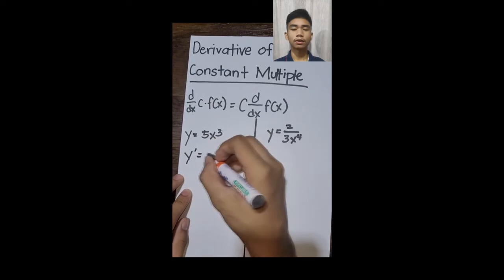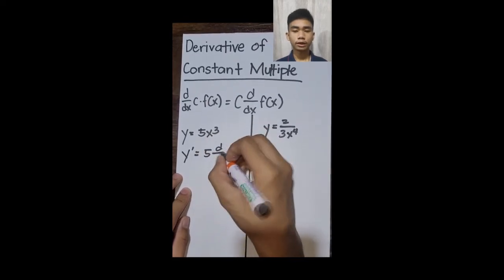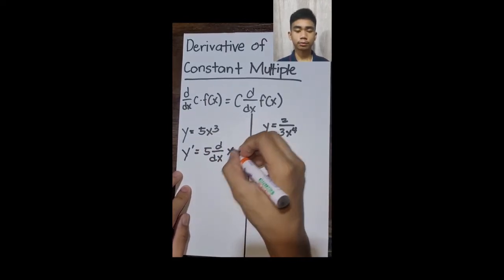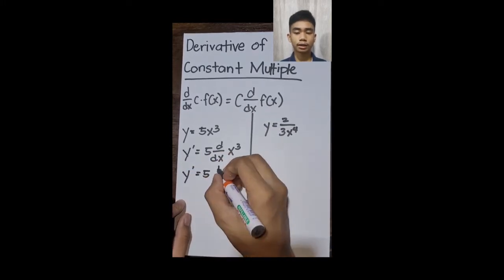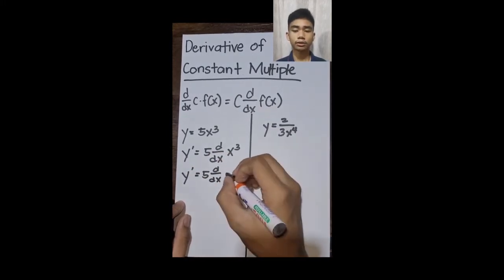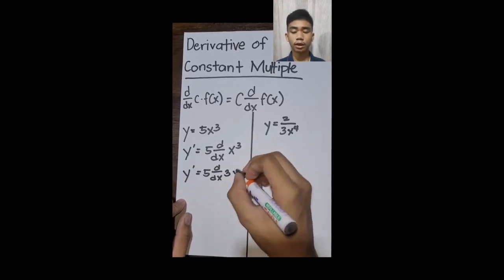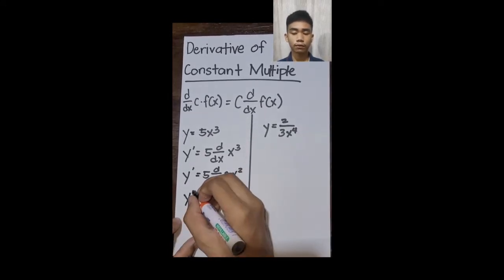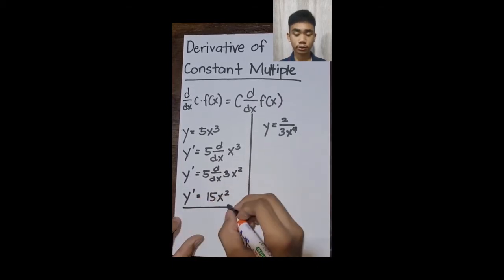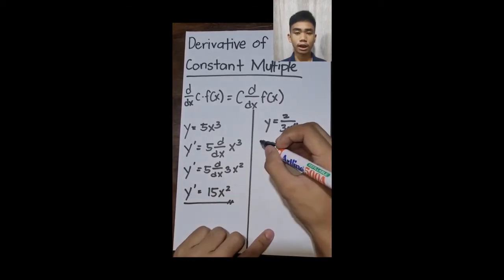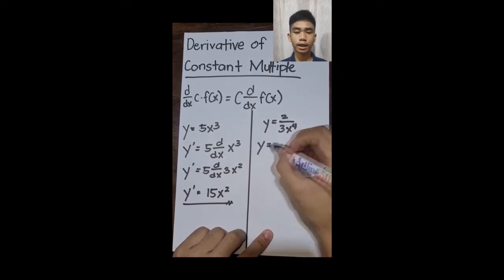Derivative of a constant multiple. In the first example, we have 5x raised to 3. y prime is equal to 5 times d over dx of x raised to 3, and y prime is equal to 5 times 3x squared. In the final answer, we have y prime equals 15x squared.